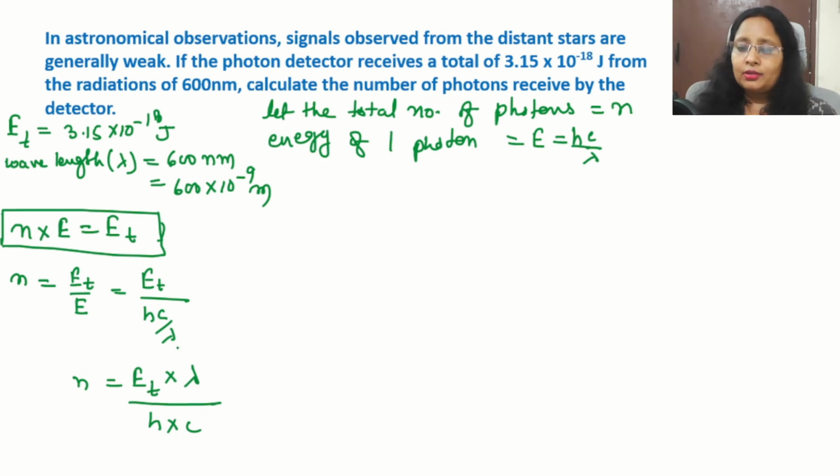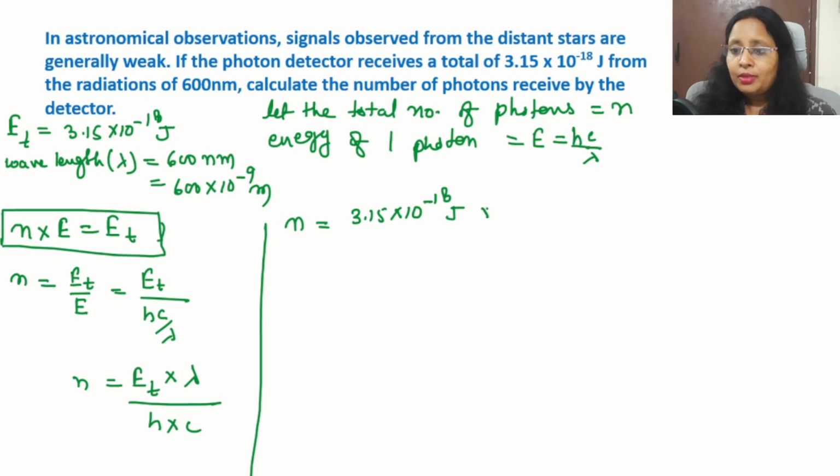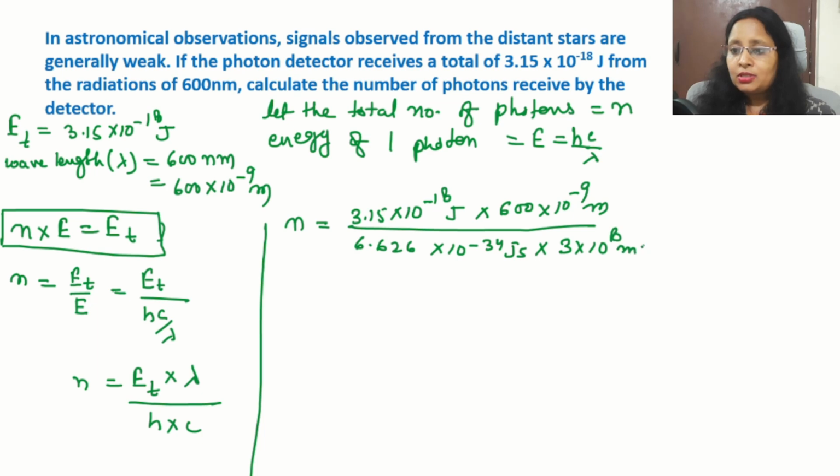Now we have a formula and we are going to substitute the values. Here n is equal to E_T, whose value we know, 3.15 × 10^-18 joule, multiplied by lambda, which is 600 × 10^-9 meter, divided by h, Planck's constant, whose value is 6.626 × 10^-34 joule second, and c is the speed of light, whose value is 3 × 10^8 meter per second.